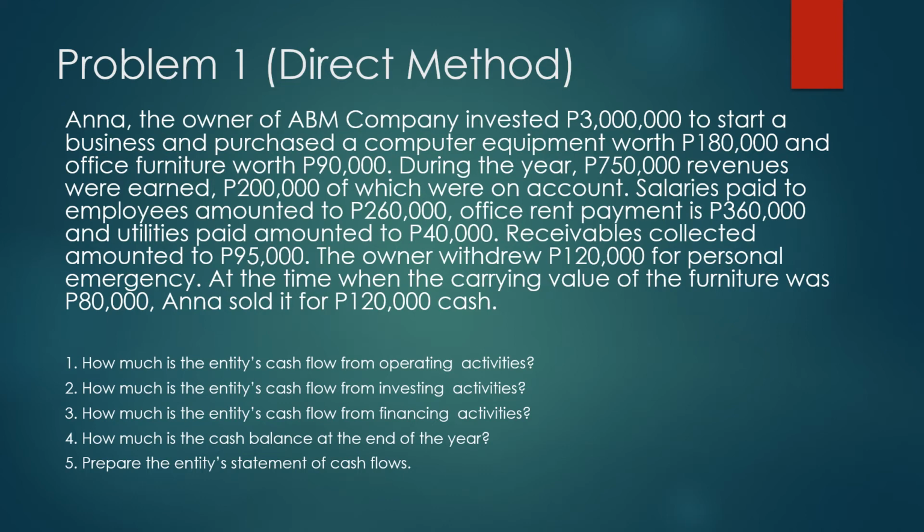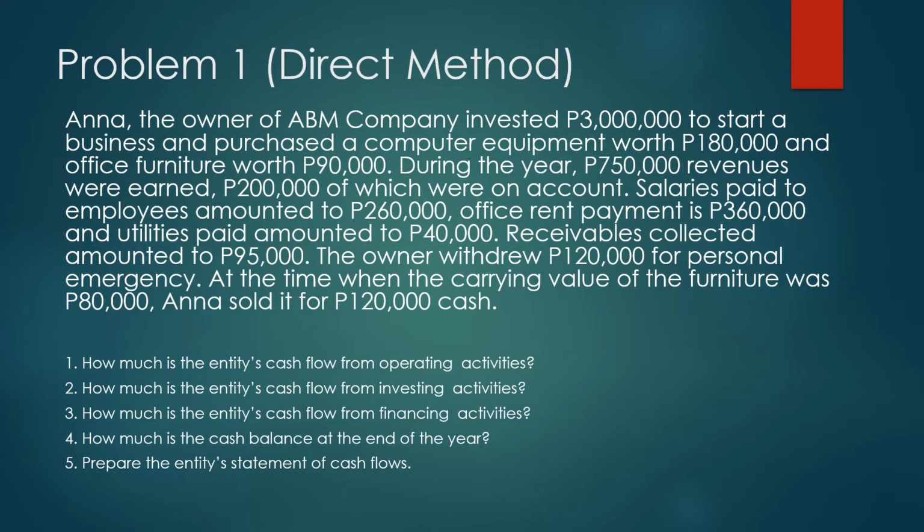Okay? So, problem: Anna, the owner of ABM company, invested 3 million to start a business and purchased computer equipment worth 180,000 and office furniture worth 90,000. During the year, 750,000 revenues were earned, 200,000 of which were on account. Salaries paid to employees amounted to 260,000.